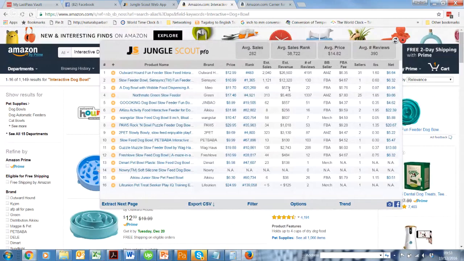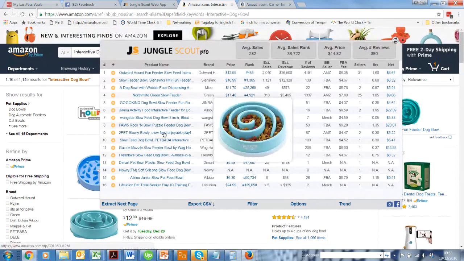I want to be doing a little bit more than $500 a month, ideally $3,000 a month. Basically, the way we look at it is cut it down into thirds. A third of that would be product cost. A third would be advertising, and a third would be pure profit.